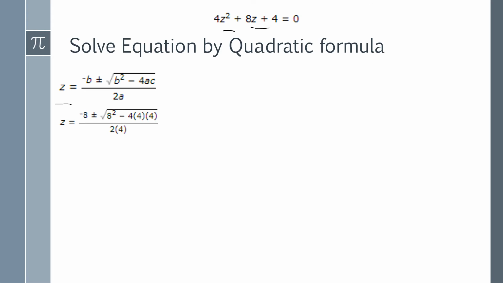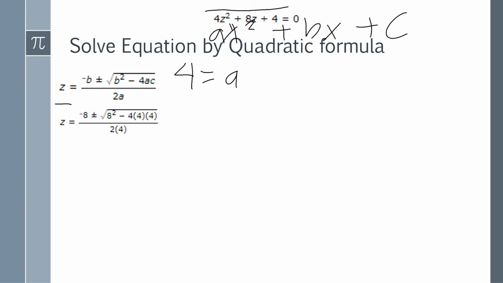Before I continue, let me pause here for a second. Let me address something. Remember, this is in standard form right here: ax squared plus bx plus c. So, pretty much just that. So, a is 4, b is 8, c is 4.